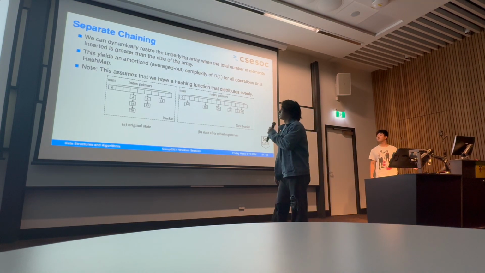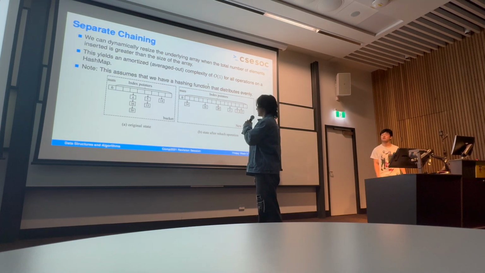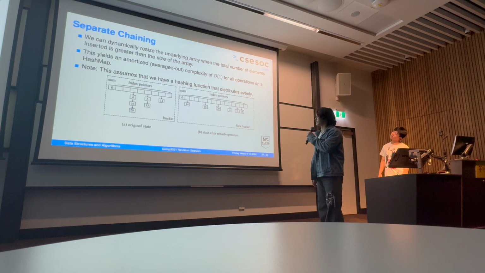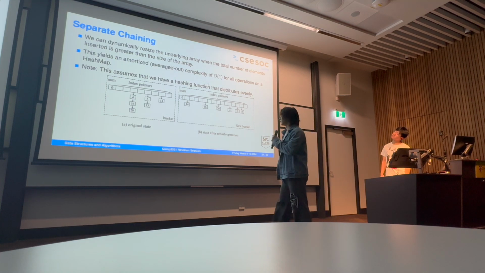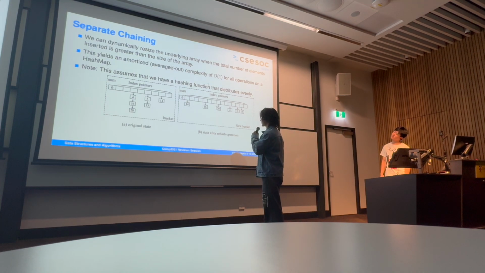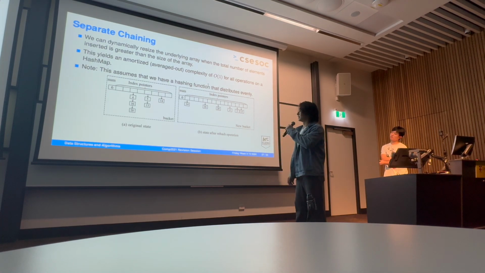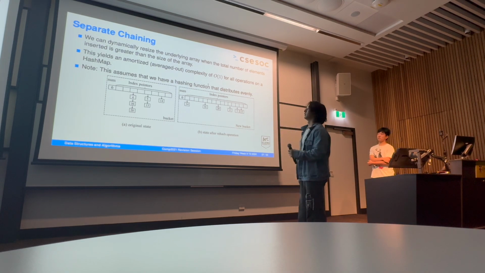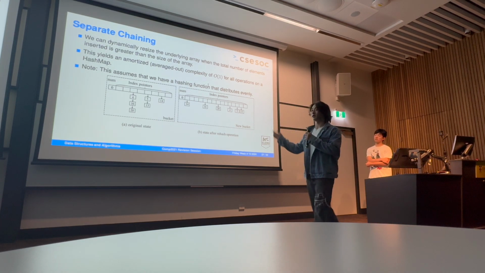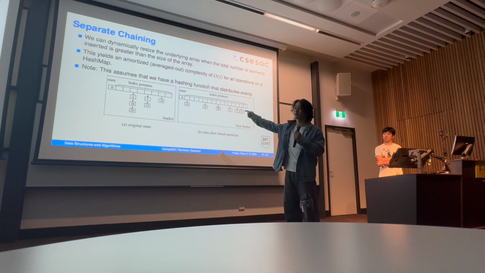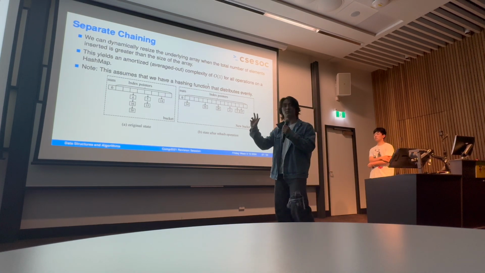What we can do is dynamically resize the underlying array when the total number of elements inserted is greater than the size of the array. Imagine in this case the array is size 9. Once I've inserted 9 elements, I'm going to increase the size of the array. If we look at our previous hashing function, say it was size 9, I'm modding by 9, so I have 9 slots to insert into.